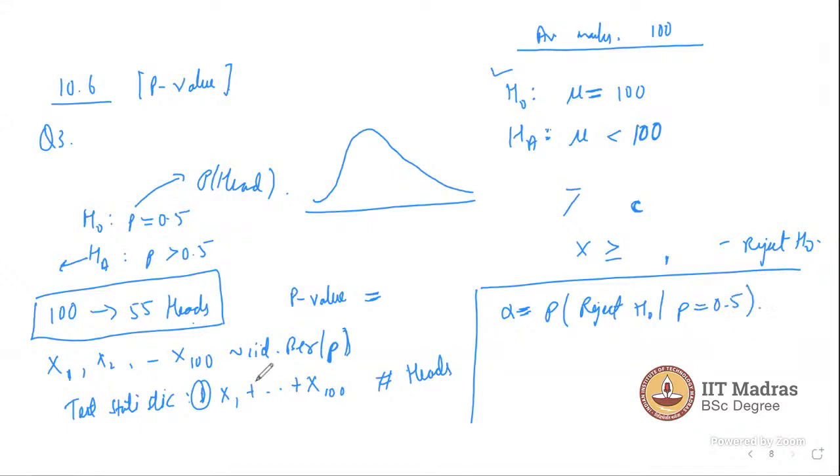Ma'am, what is the test statistic? What does this mean, and how do we take the test statistic here? In this case, what we have observed is you have tossed a coin 100 times and we have observed 55 heads.